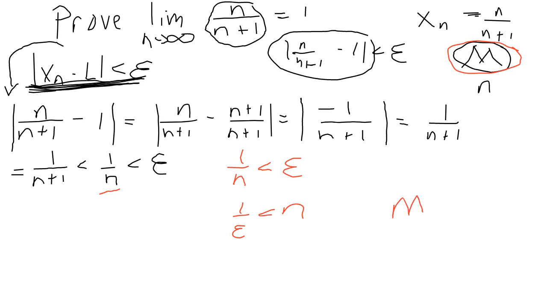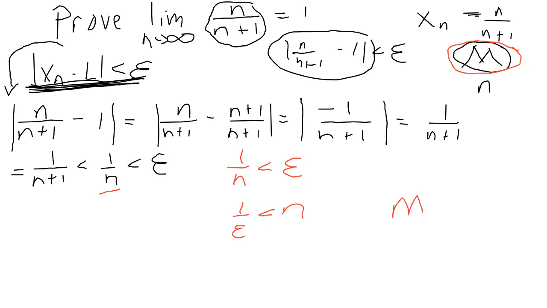So we're going to be using the n, the mango, as 1 over epsilon. Once you get the n on one side and the expression with epsilon on the other side, that is the n that you'll be using for the proof. So we have found the particular n that we're going to use, which is 1 over epsilon.